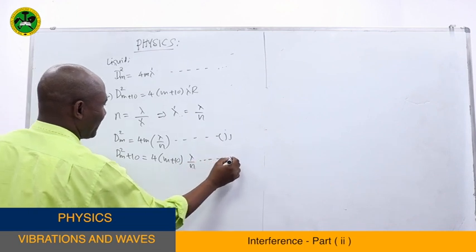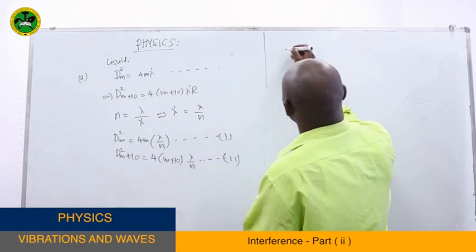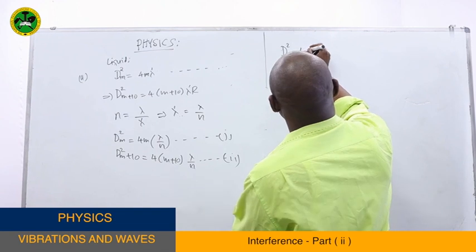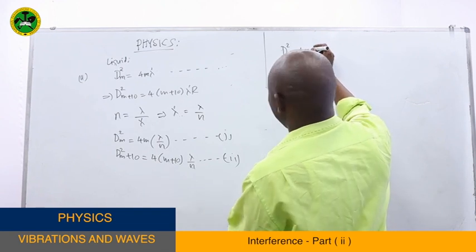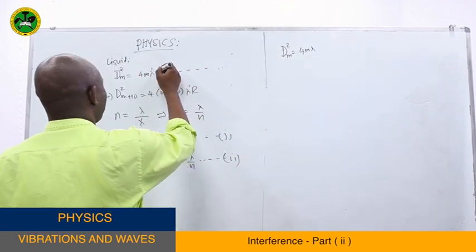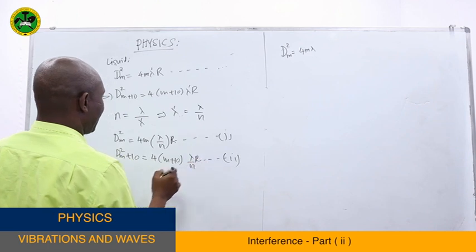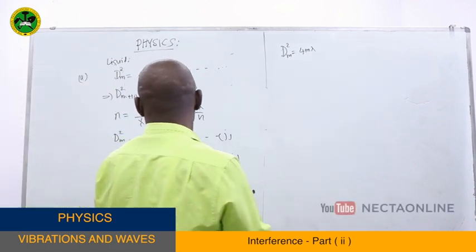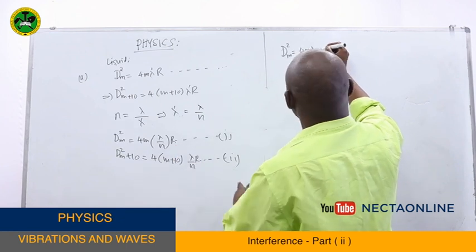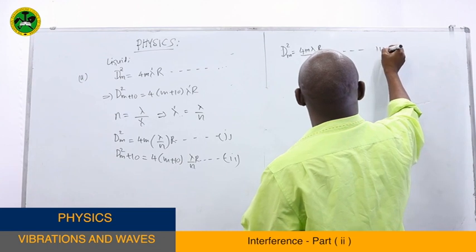Simplifying the equations, if you open equation number 1, we have Dm squared equals 4mλR over n. R is missing there. That's number 3.